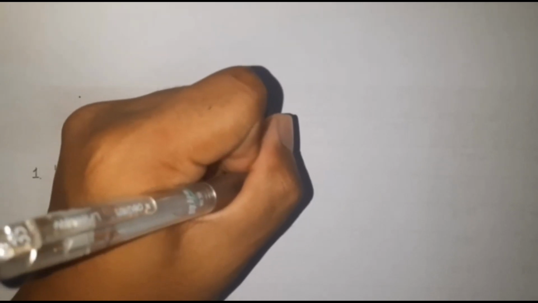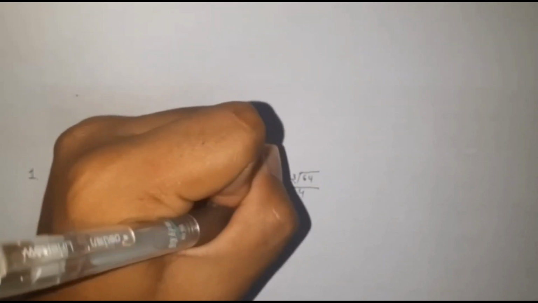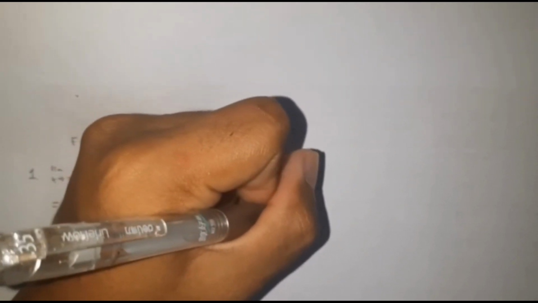By evaluating, we get the cube root of 64 over 4, and by simplifying, we get 4 over 4, or 1.